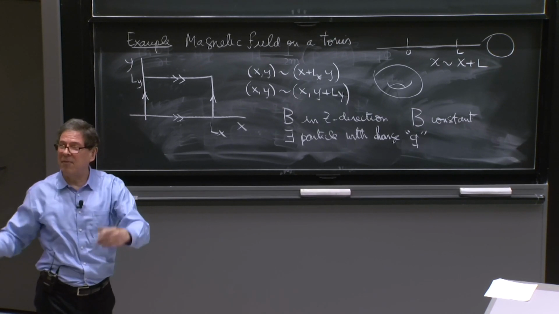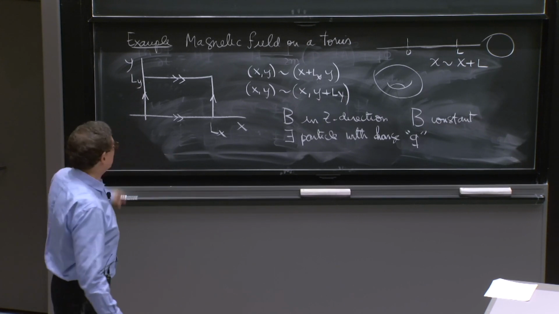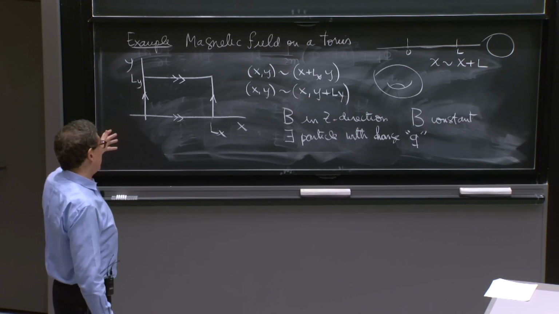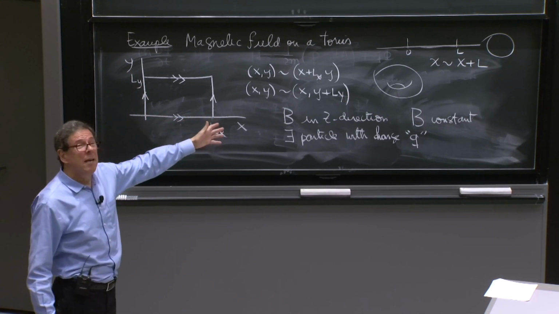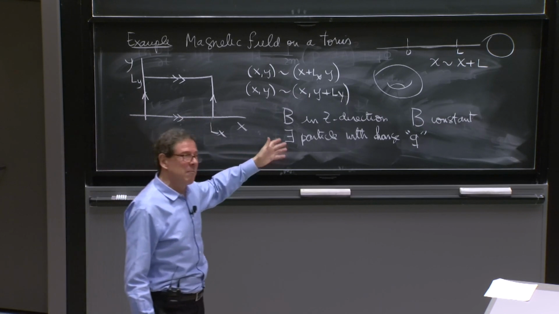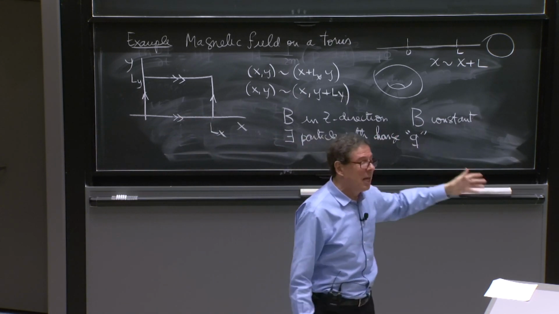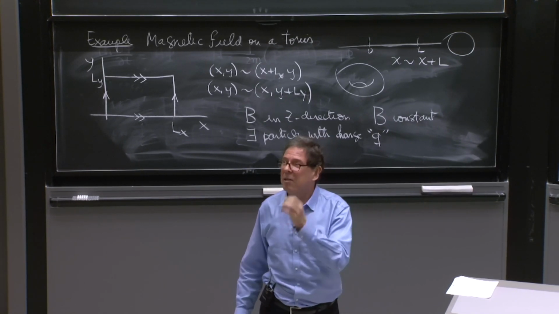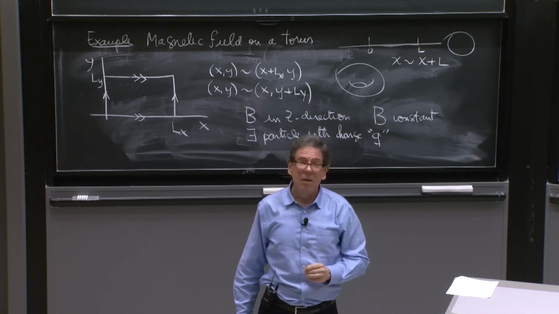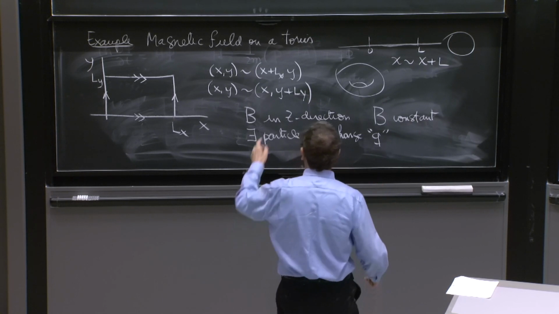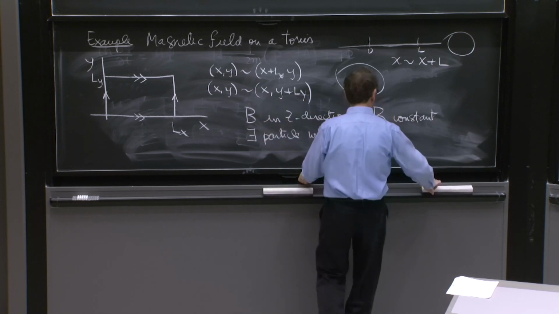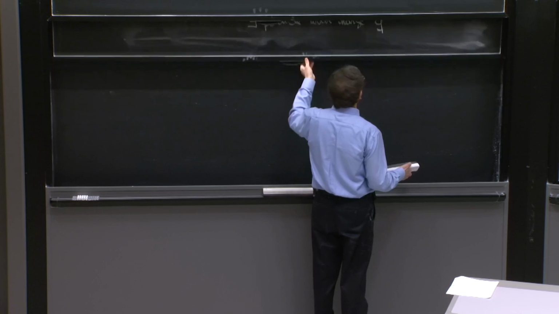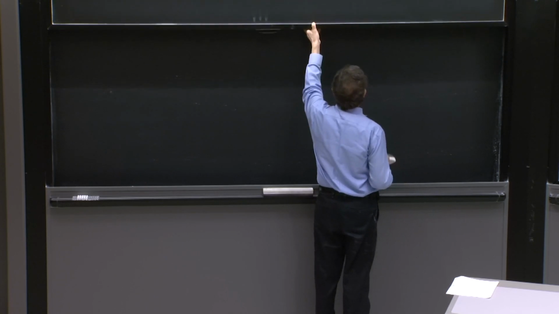I need an A field to describe this. So I know B is consistent, and it makes sense, and we can use it if and only if I can find a vector potential. So our task is to find a vector potential on this torus.